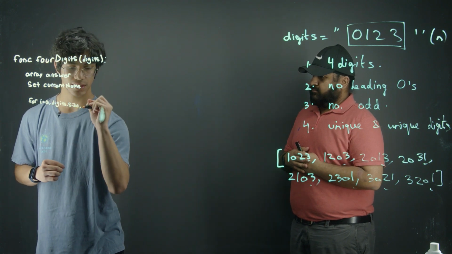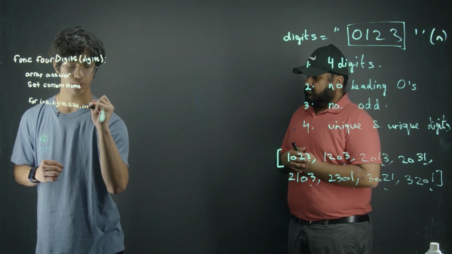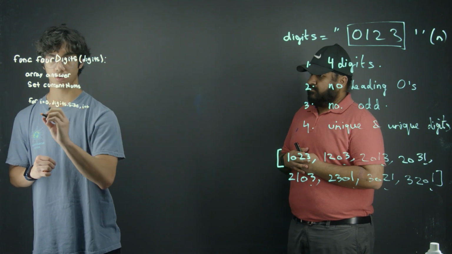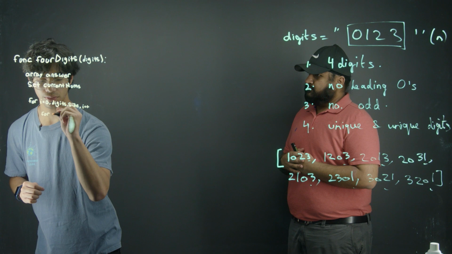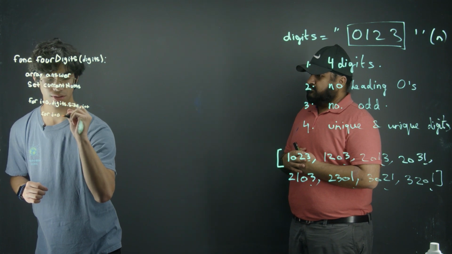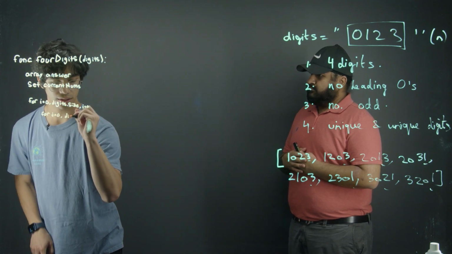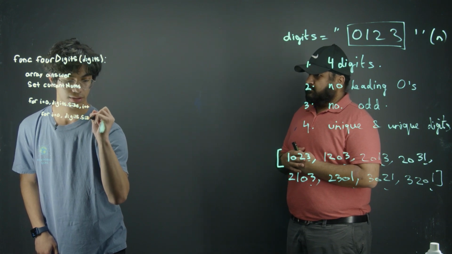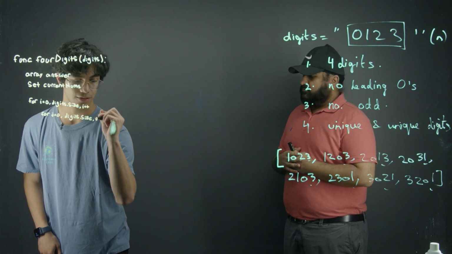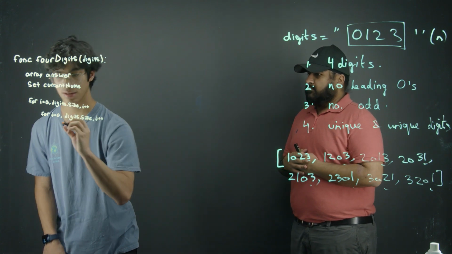And then we're just going to increment i by 1. And we're going to do the same for the next index. So for j is equal to 0, up to digits.size, and then of course increment j.